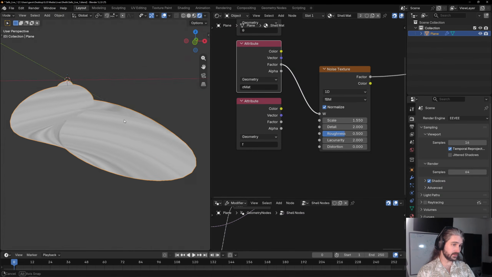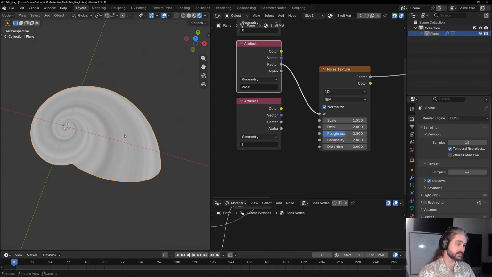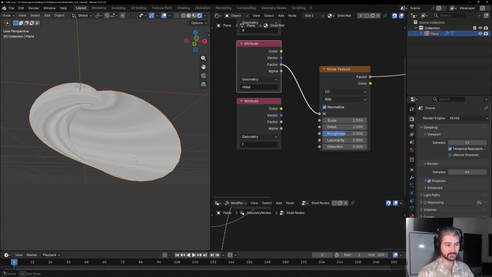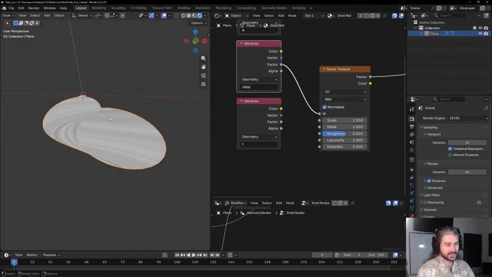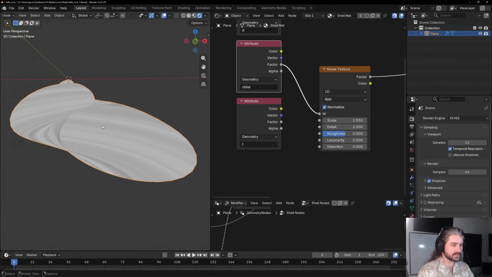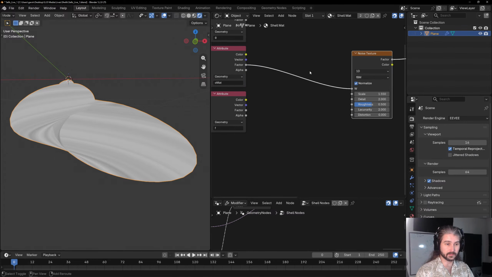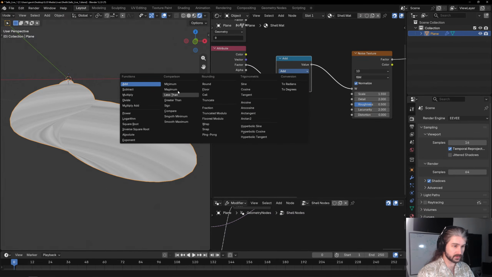I think it's cool if this noise repeated so that we had a little bit of symmetry going around the shell. I don't know if that's technically realistic, we could just stick with this noise, but in order to have some level of symmetry, if we want it, what we can do is, do we want to multiply?